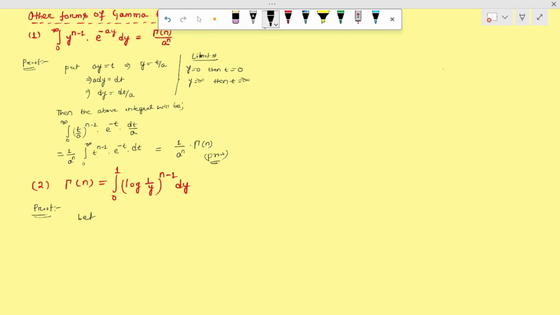let e to the power minus x equal to y. That implies dy will be equal to minus e to the power minus x dx.